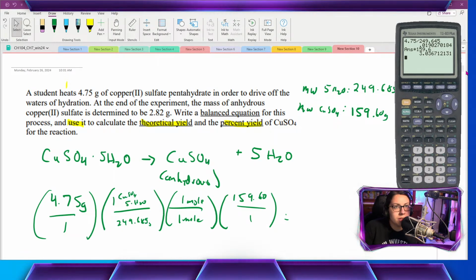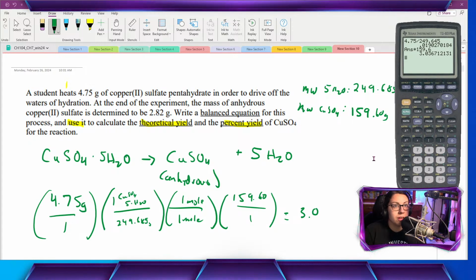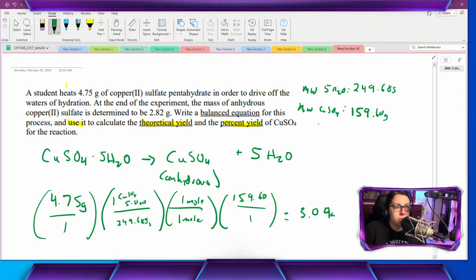And so then this is our theoretical yield, if everything had gone as expected. I need to look at my calculator again. So 3.03, could have rounded it to 3.04 with that 6, so 3.04 grams. And again, this is our theoretical yield.